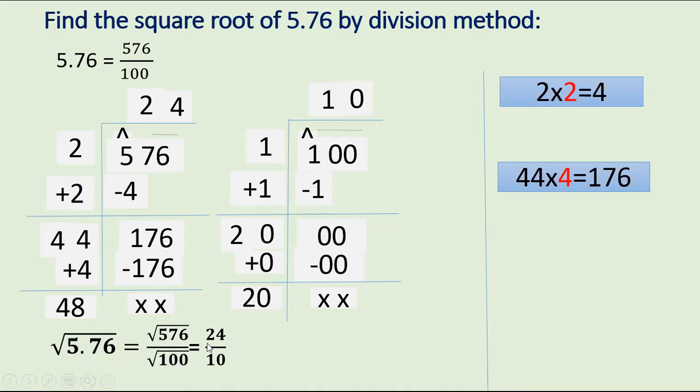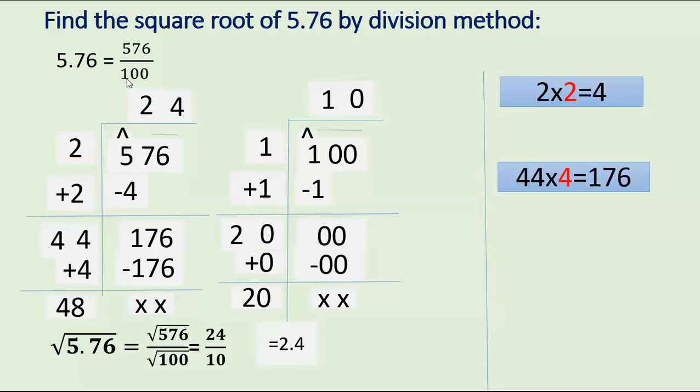Answer of 576 is 24, and the denominator gives 10. Whenever the question is in decimal fraction, keep in mind that we have to mention the answer also in decimal fraction. So we get the answer here, 2.4.